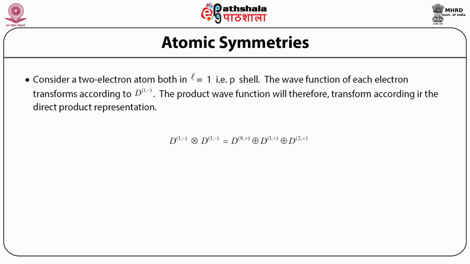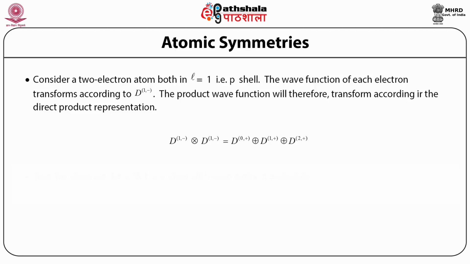The product wave function will therefore transform according to the direct product representation, D1 minus times D1 minus. And remember that when you add the angular momenta 1 plus 1, you get 2, 1 and 0. So D1 minus times D1 minus is D0 plus D1 plus D2 plus.